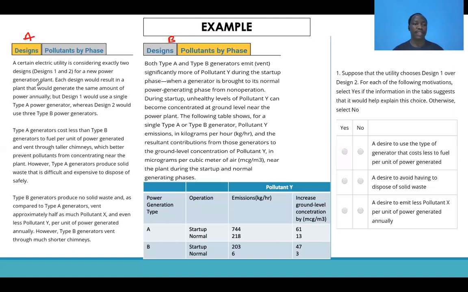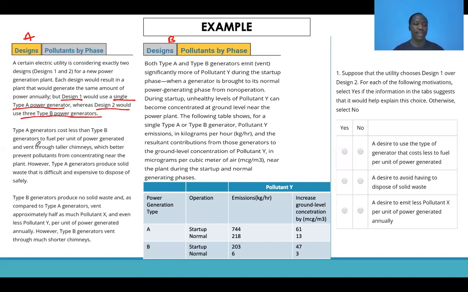Each design will result in a plant that will generate the same amount of power annually, but design 1 would use a single type A power generator, whereas design 2 would use 3 type B generators. All right, this is critical information. Design 1 would use a single type A generator. Design 2 would use 3 type B generators. So that is paragraph 1.